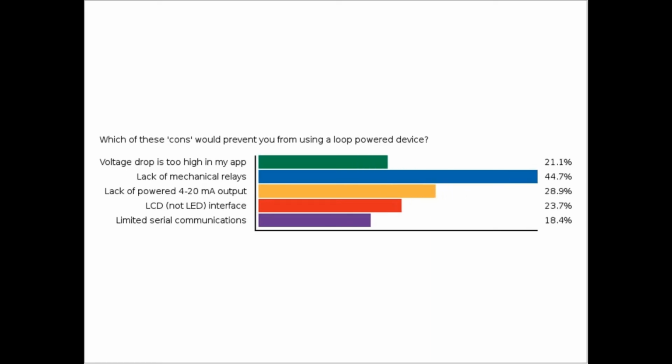The answers would be: the voltage drop is too high in my application, lack of mechanical relays, lack of powered 4 to 20 milliamp output, LCD, not LED, is the interface, and limited serial comms. And I think you can pick more than one on this.